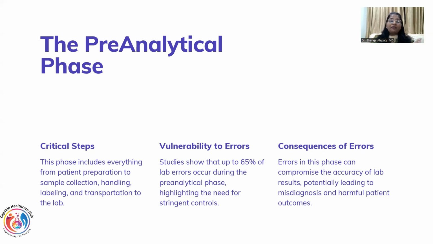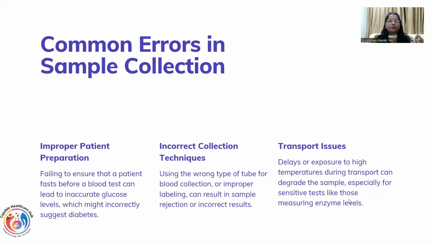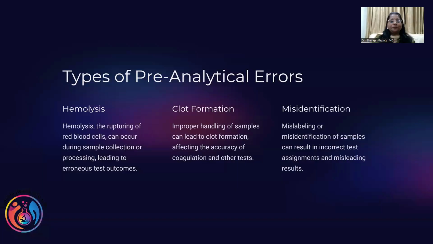And like I said, 65% of the errors occur here, and because of these errors, misdiagnosis and harm can follow. Improper patient preparation, incorrect collection techniques, transport issues, everything is a matter of concern. We have to address it.